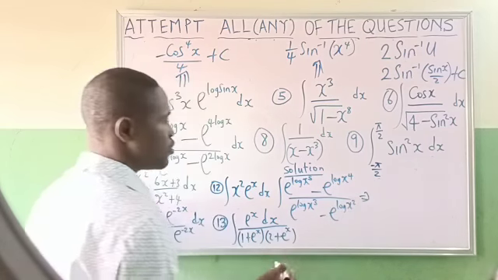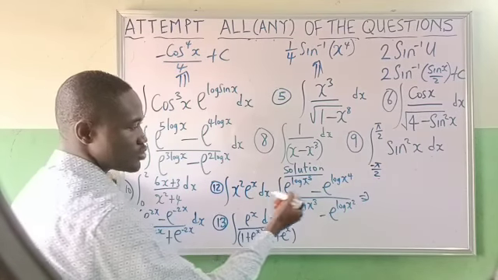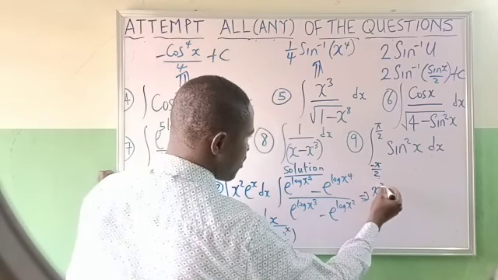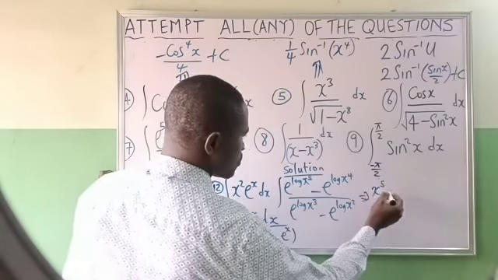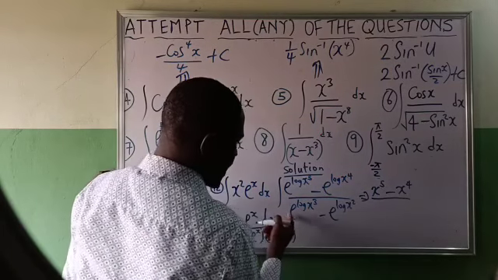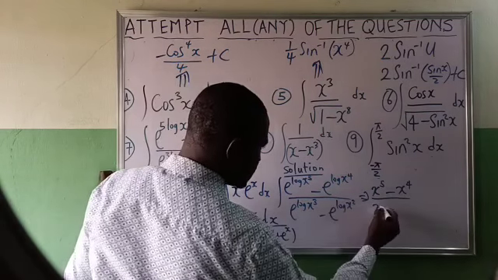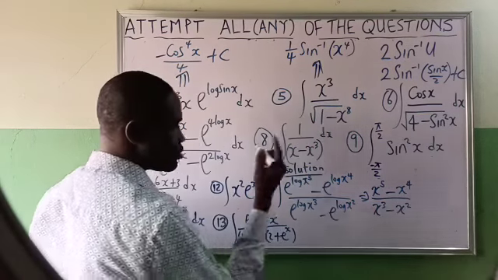Because exponential is the opposite of logarithm, they cancel, leaving you with x raised to the power of 5 minus x raised to the power of 4, all over x raised to the power of 3 minus x raised to the power of 2.